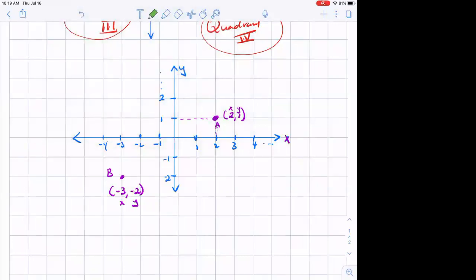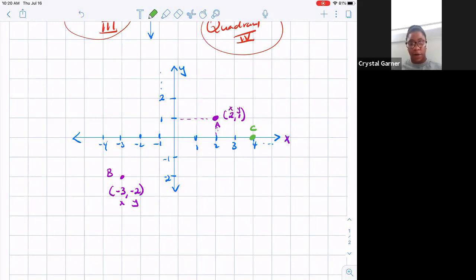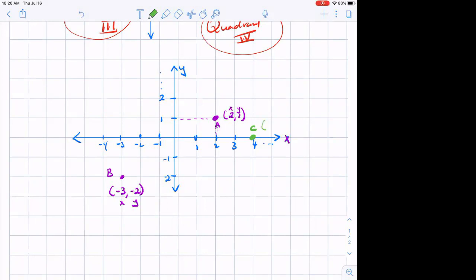How about if I give you this point here, let's call that point C. If that's point C, and I ask Crystal, where am I? What would you tell me, Crystal? I would say I'm at 4, 0. 4, 0, yes. Anytime you give a location, it must be 2 sets of coordinates. So it's 4 on the x, 0 on the y.